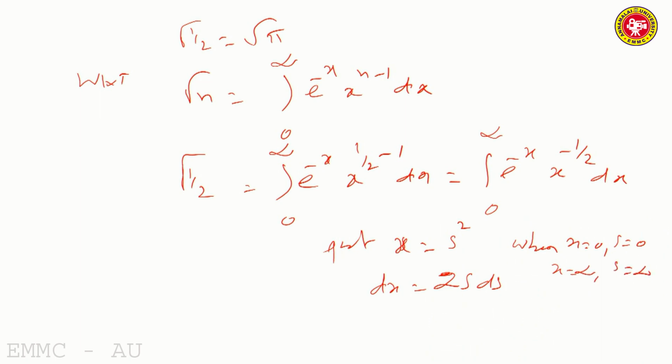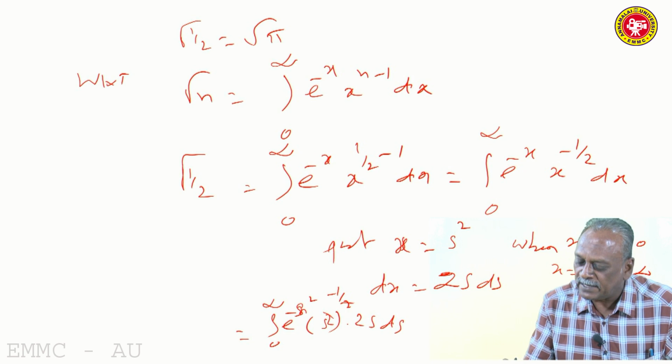So the integral becomes the integral from 0 to infinity of e power minus s square, into s square whole power minus 1 by 2, into 2s ds. The 2 cancels, and s power minus 1 and s cancel.